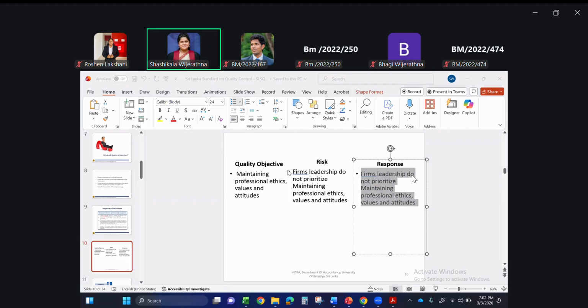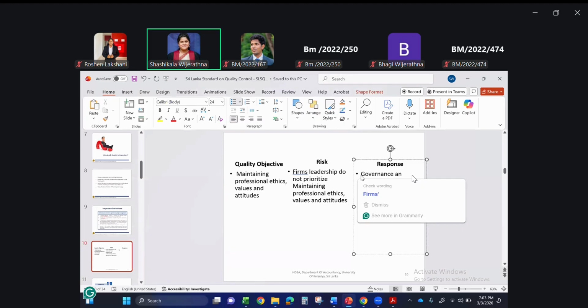So as suggested in the standard, once we identify this risk, the best thing is we should have the governance and leadership policy statement. We should have developed a statement within the organization. So what are the responsibilities of the governance and the leadership? There we need to give a clearly defined statement of what they should do. So that is one of the best responses. Okay, let me type it here.